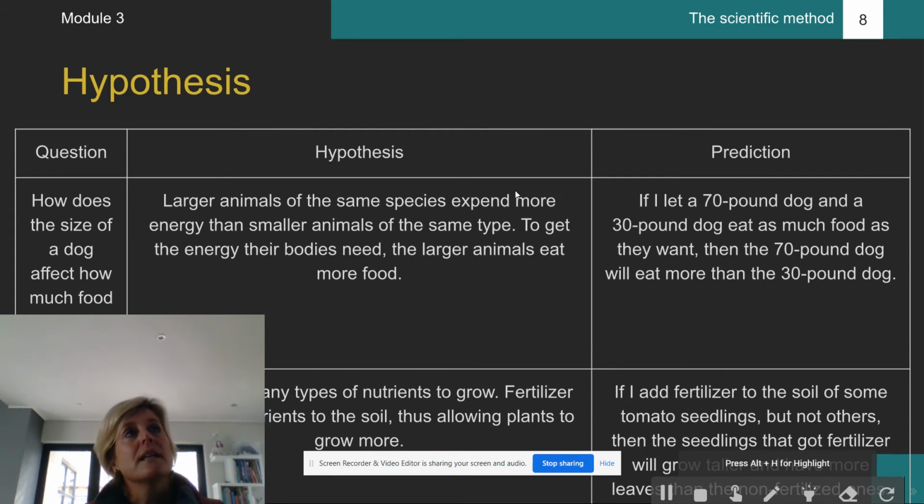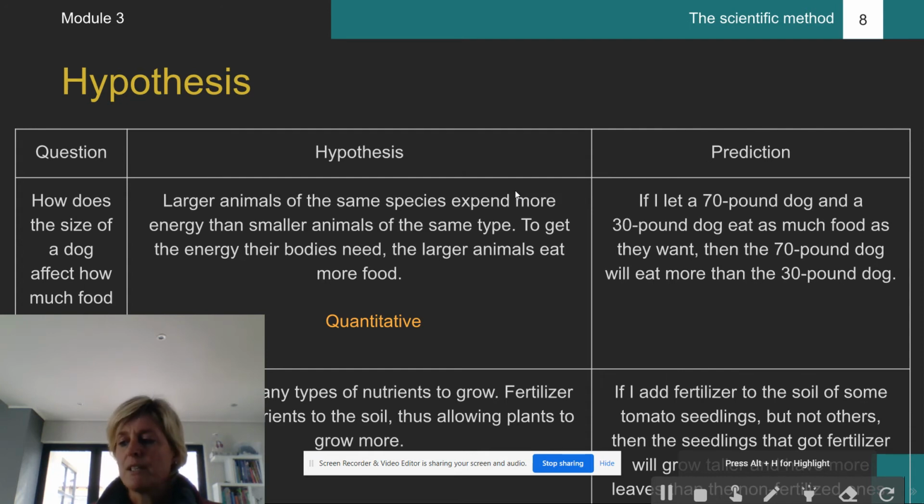Do you think we're going to gather qualitative data or quantitative data? Correct. It's quantitative data because we can measure the weight and the size of the animals, like you can see in the prediction.